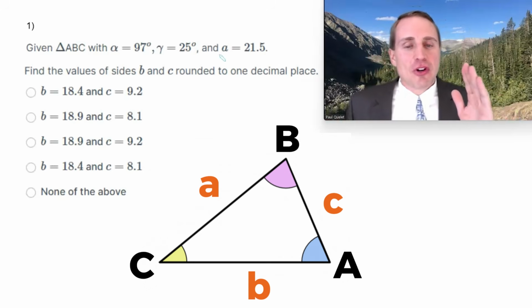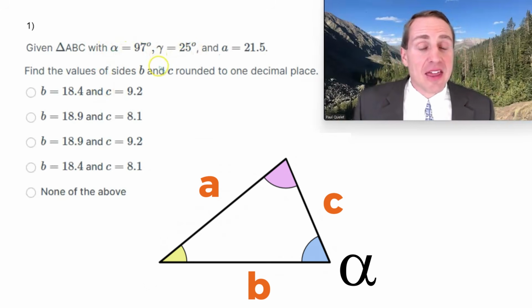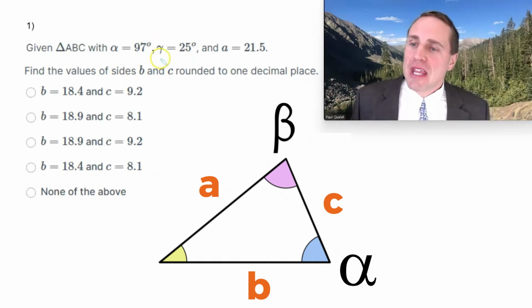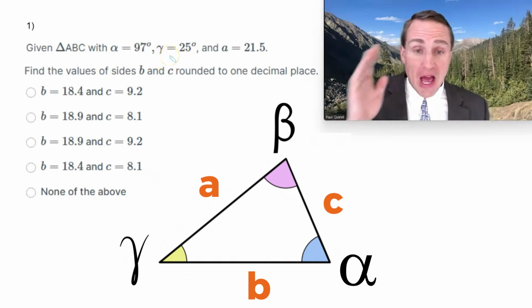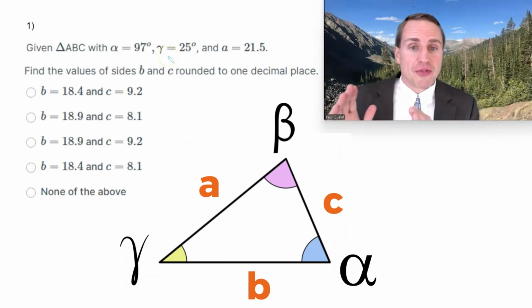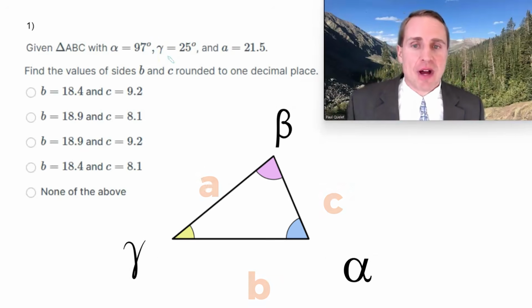Now that's true in terms of the most common convention. Here they're using alpha, then the second angle should be beta, and then we need gamma. So alpha, beta, gamma in that order would be across from or opposite from sides A, B, and C correspondingly.